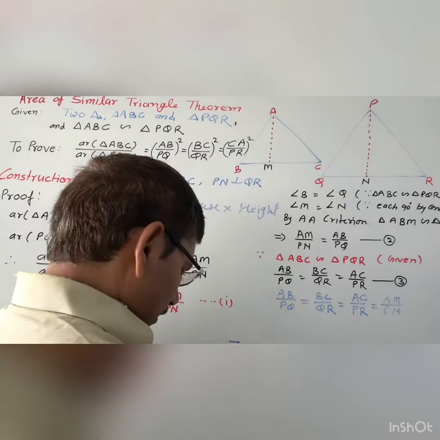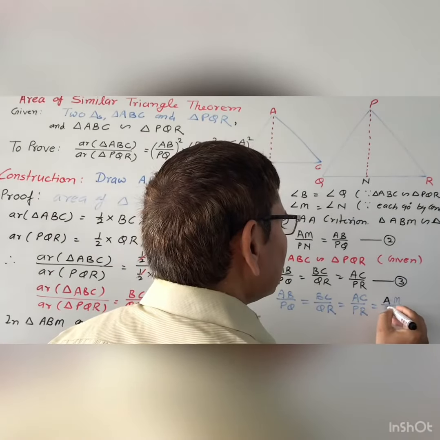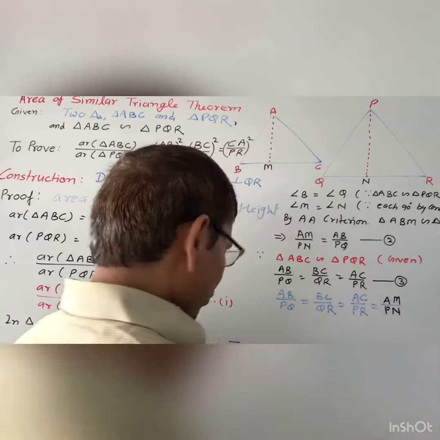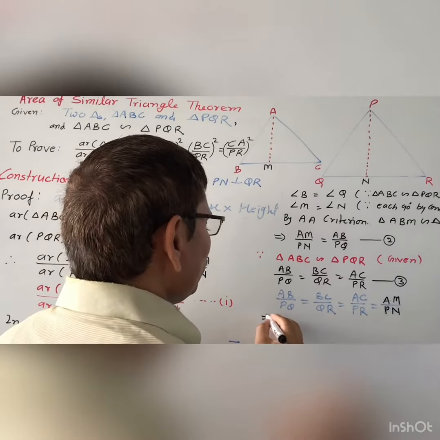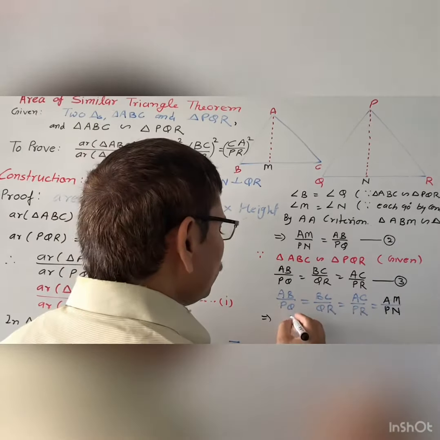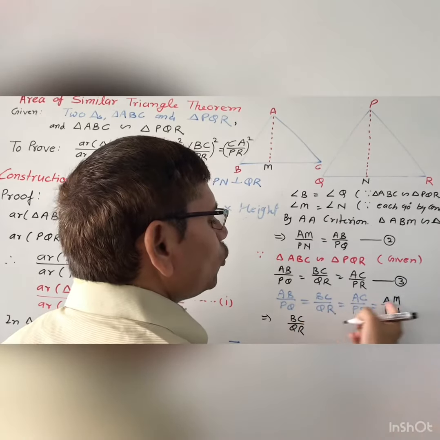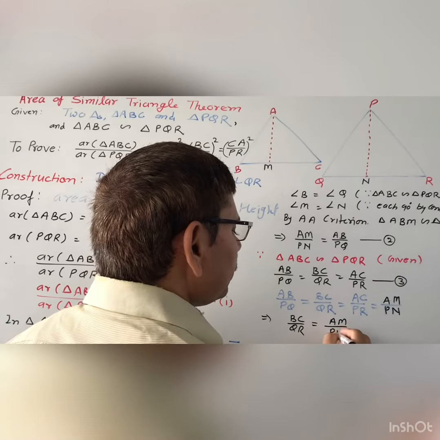Okay. So use these things, that is AM upon PN. So what do you get here? From these steps you will get BC upon QR equal to AM upon PN.